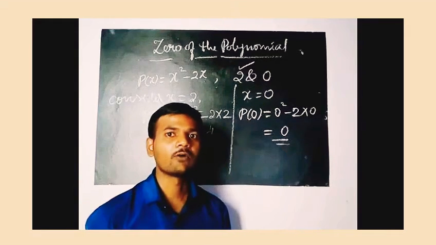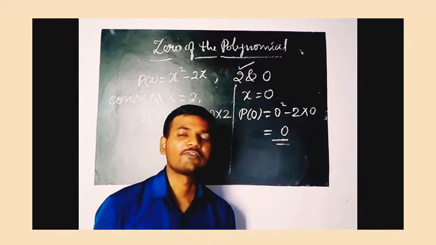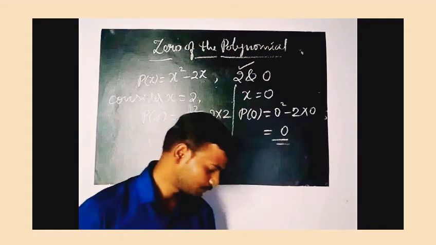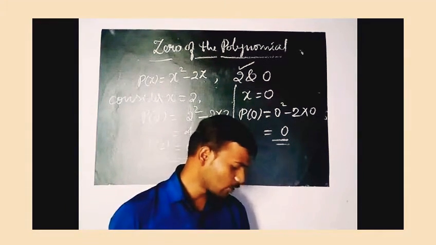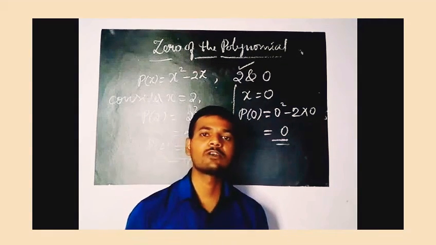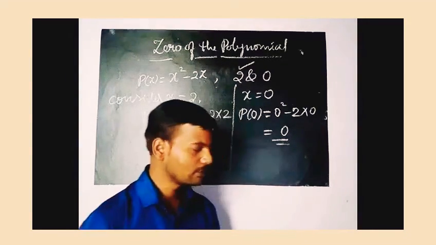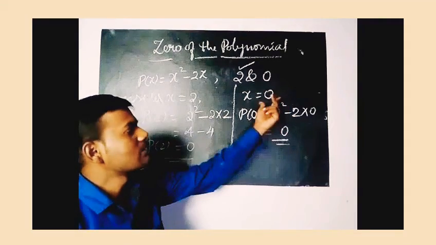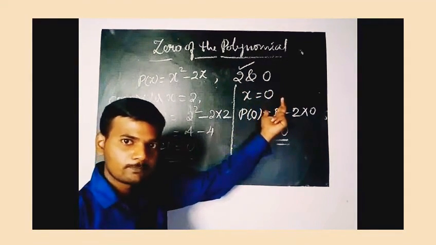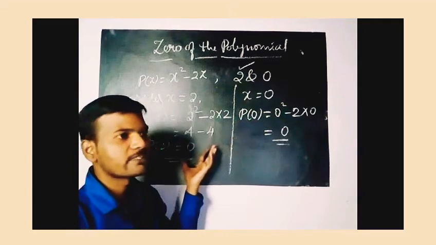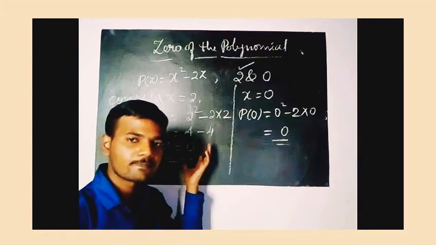Now let me give some points which we have to remember. A zero of the polynomial need not be 0. That means the zero is the value given for the variable; it need not be 0. The polynomial becomes 0 for any other values.